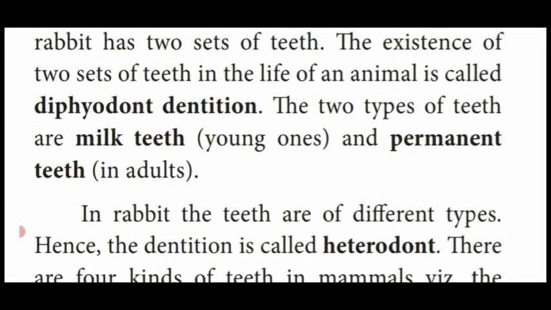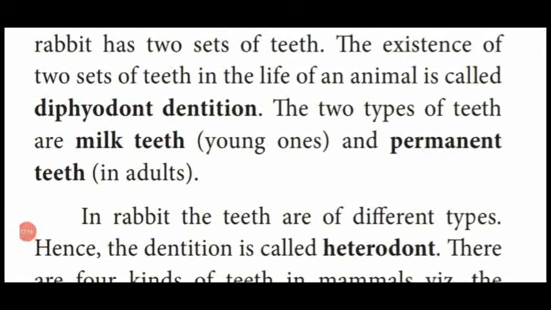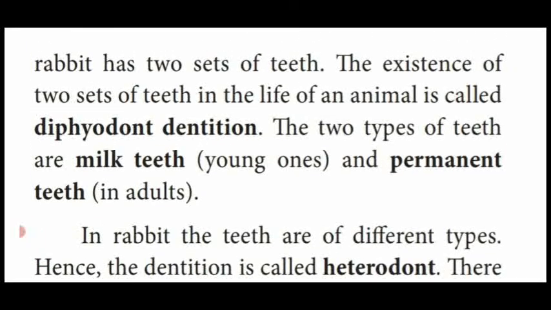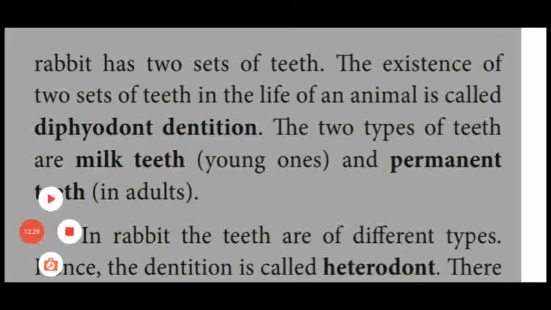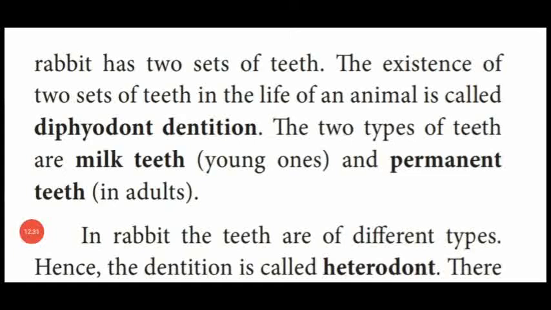The presence of two sets of teeth in an animal is called diphyodont dentition. Di means two. The rabbit has two types of teeth in its life. That's why the arrangement of teeth in rabbit is named diphyodont dentition.